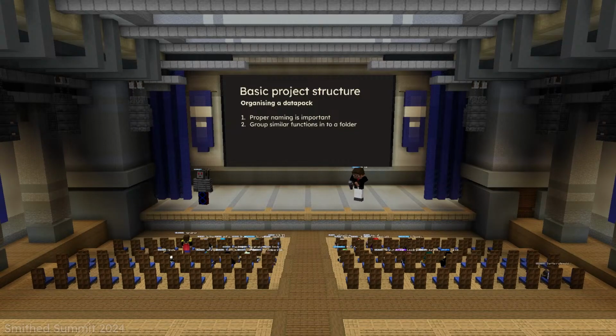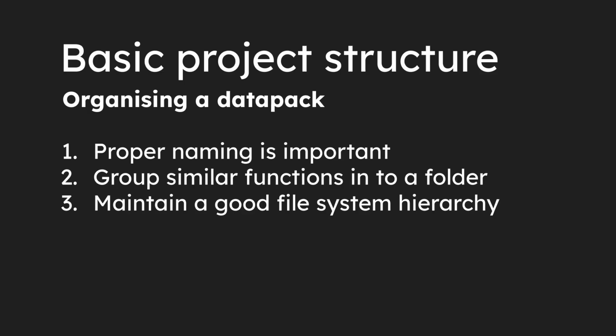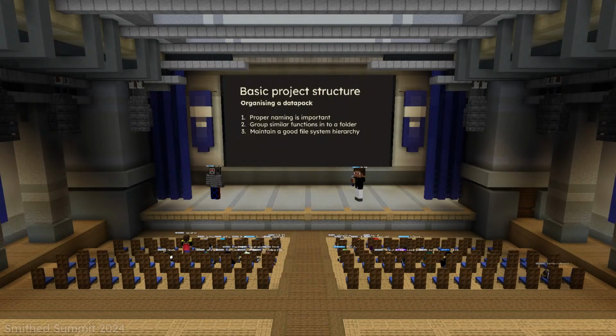And the logical grouping just helps you have a better picture of your code base, right? And then maintaining a good file system hierarchy is the third point here. And really, it's a good idea to have a more general set of folders and then get more and more specific.